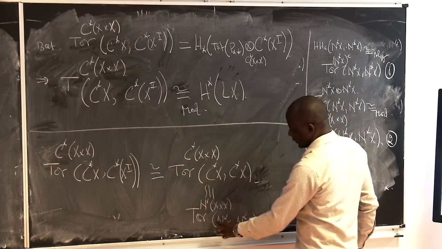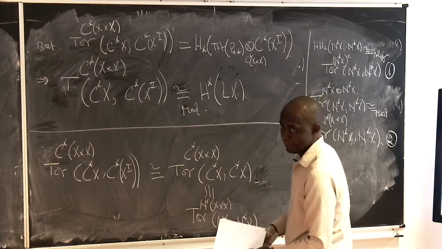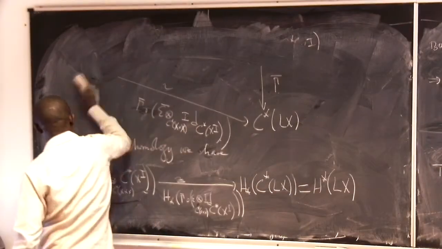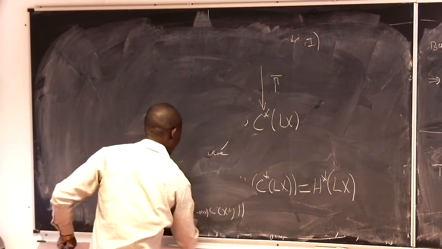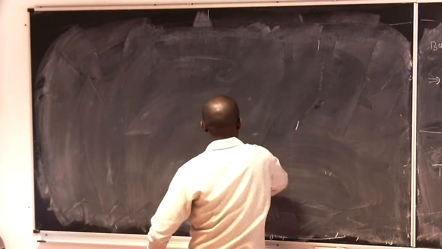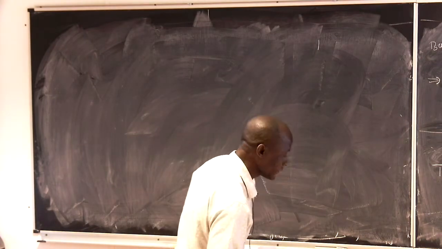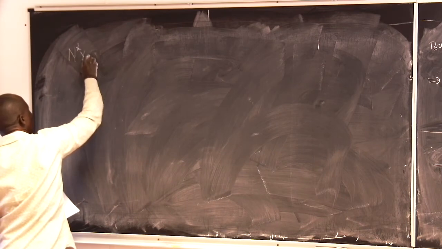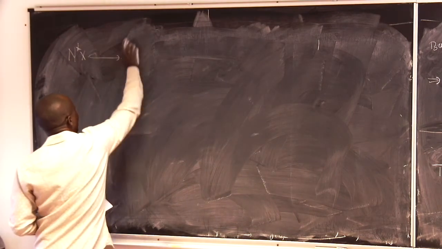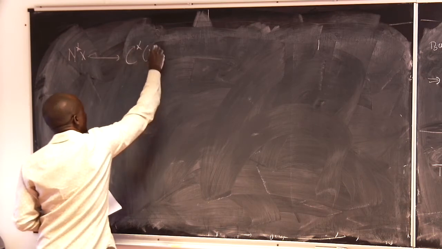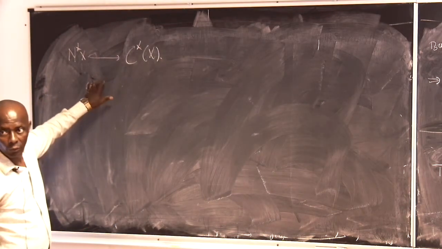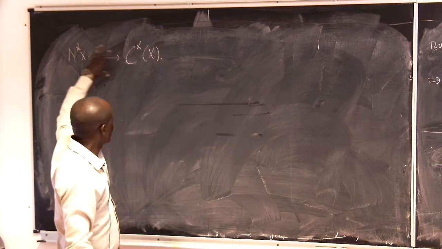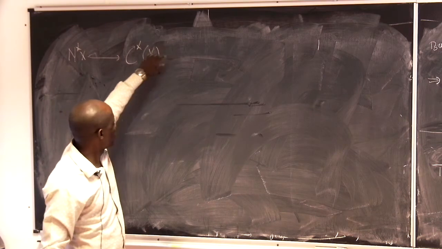The last isomorphism comes from the fact that the normalized singular quotient of x is quasi-isomorphic to the singular quotient. We saw it when I wrote the short exact sequence containing these two terms. So this is a quasi-isomorphism.